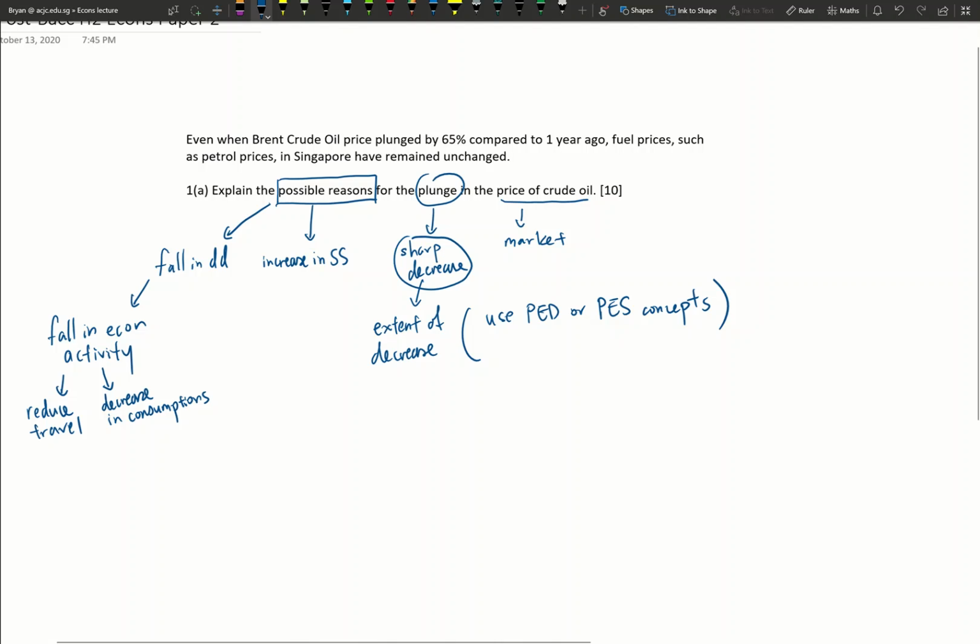And then we also would want to try and find a reason related to supply, right? And in recent years, if you have been reading, there has been an increase in oil production by OPEC and Russia, right?